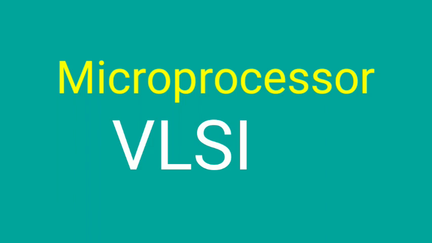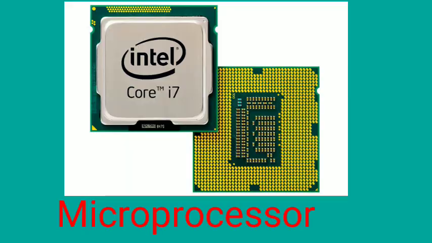What happened in the fourth generation computers, VLSI? Let us see the pictures of how it looks. This is the microprocessor. You have seen this microprocessor already in your computers. It is from Intel, you can see this is the company. Core i7, Core i3, everybody uses these.